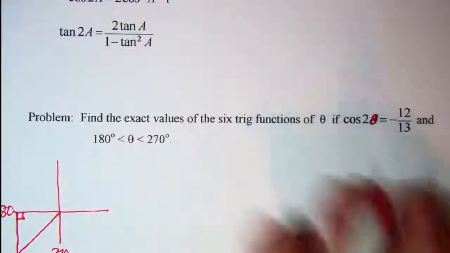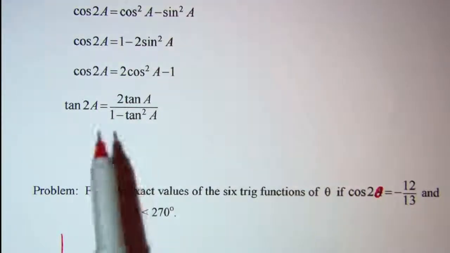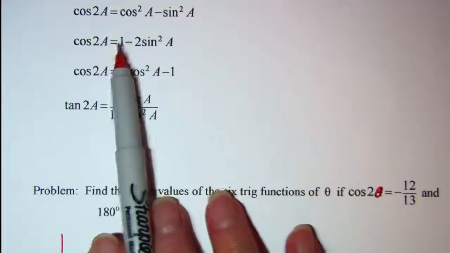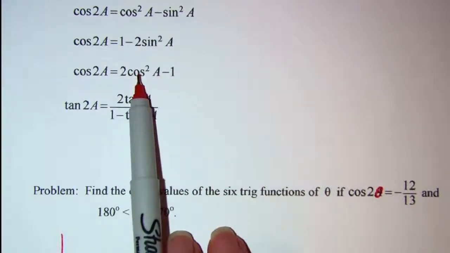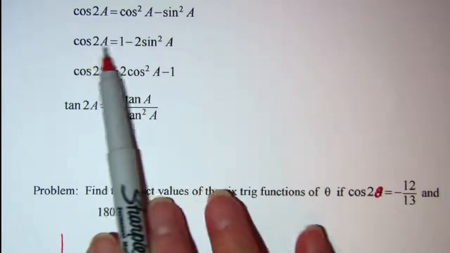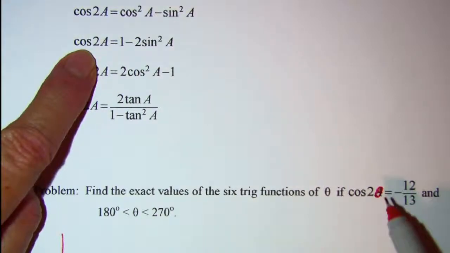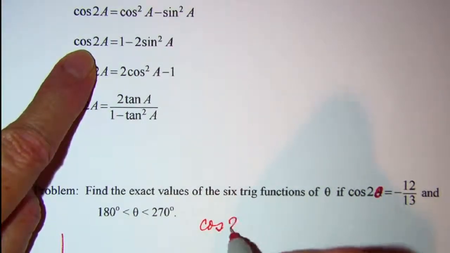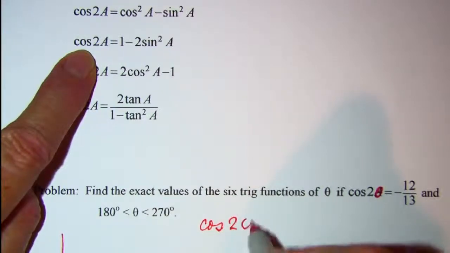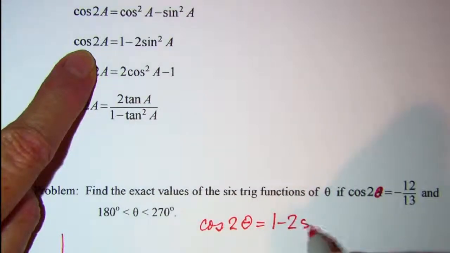Let's come back up here. We have a choice. Let's pick one that just gives us one of the trig functions. So I'm going to use this second one right here to help us get theta. So we're going to use cosine 2 theta equals 1 minus 2 sine squared theta.